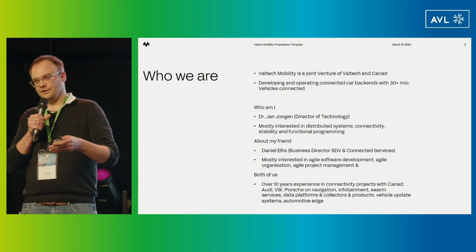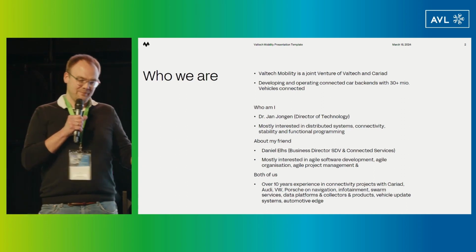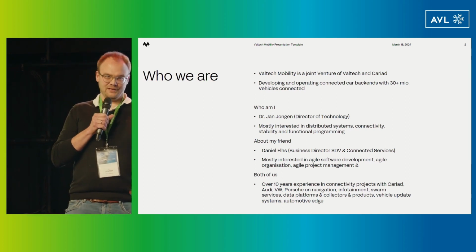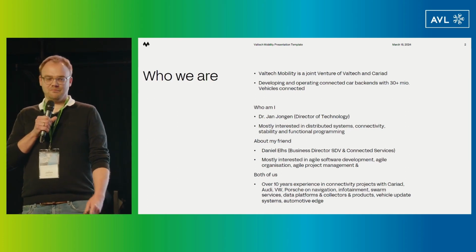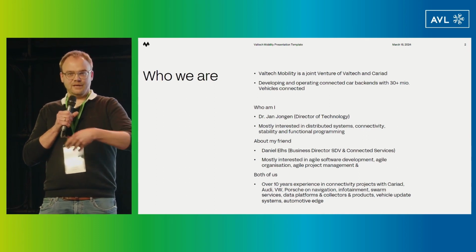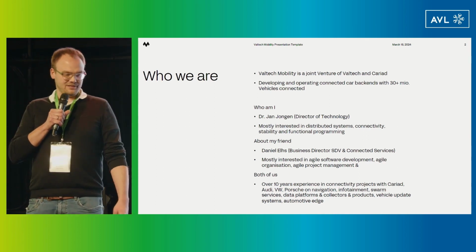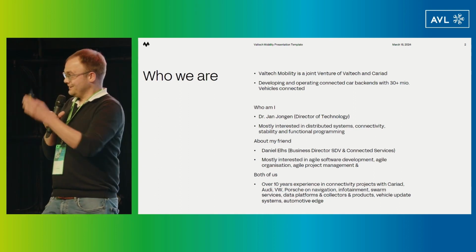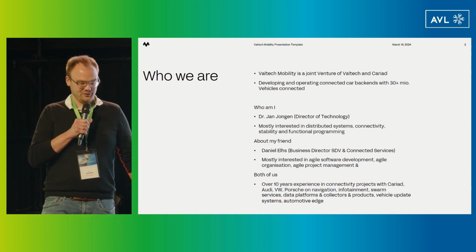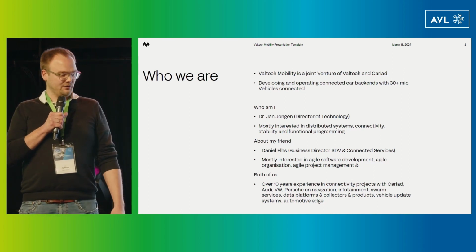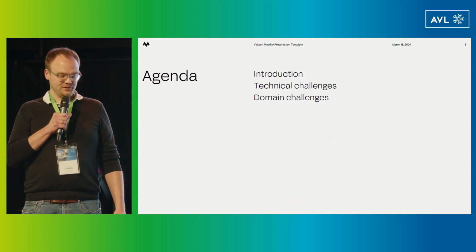In the technology part, I will answer questions, and in the business part, because backend software has a lot to do with integrating business processes, Daniel is the one to ask. We have been developing such software for 10 years now.